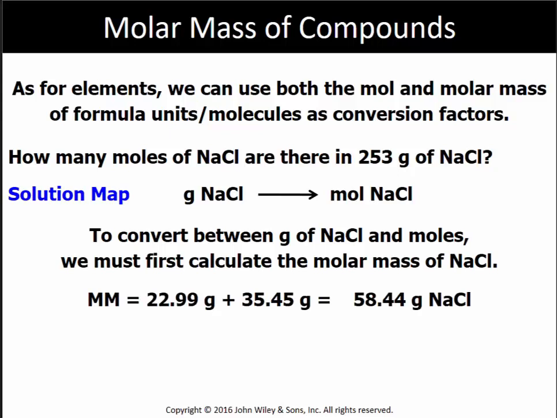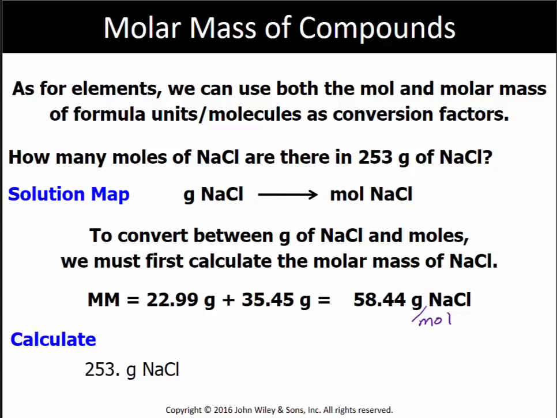So finding the molar mass of sodium chloride, that would be the mass of one sodium atom and one chlorine atom, which ends up to be 58.44 grams per mole of sodium chloride. So the unit of molar mass is grams per mole.